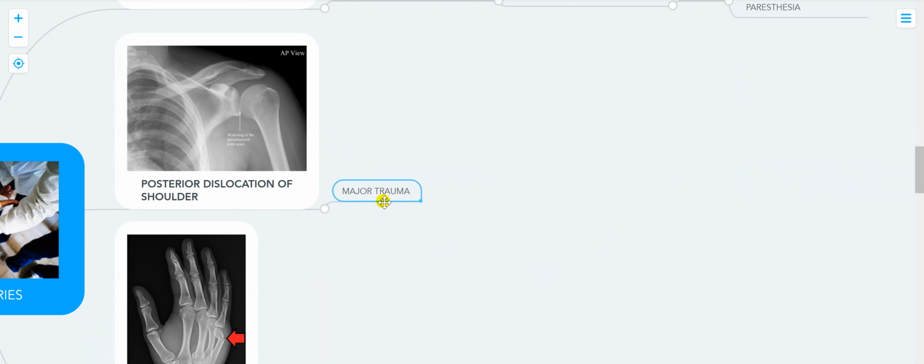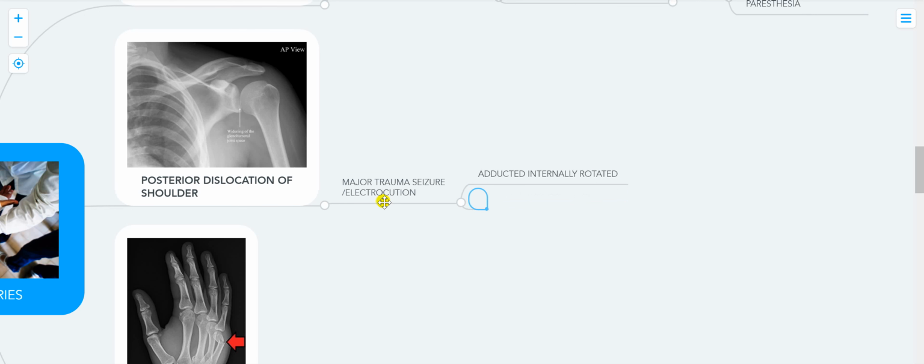Now the posterior dislocation of the shoulder can be caused by a major trauma, like seizure or electrocution. How does that present? Adducted, internally rotated, protected wrist position. How do you diagnose that?